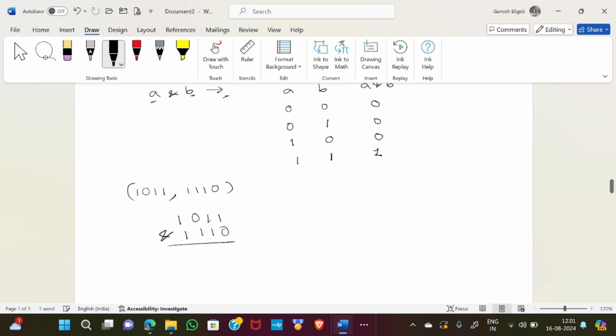The AND operation between 1 and 0 is what? 1 and 0 is 0. So this will stay 0. 1 and 1 is 1. So this becomes 1. And 0 and 1 is 0. So this stays 0. And 1 and 1, again 1. So the AND operation between these two will be 1 0 1 0.